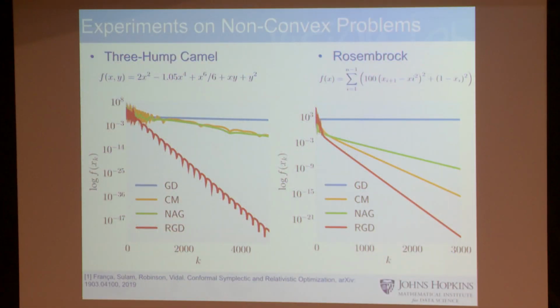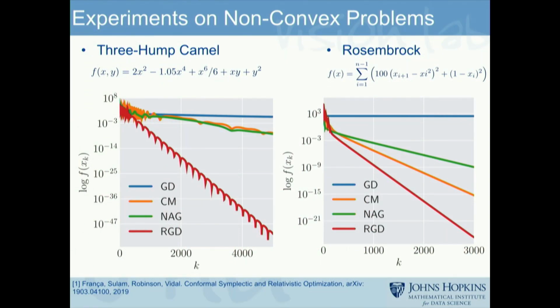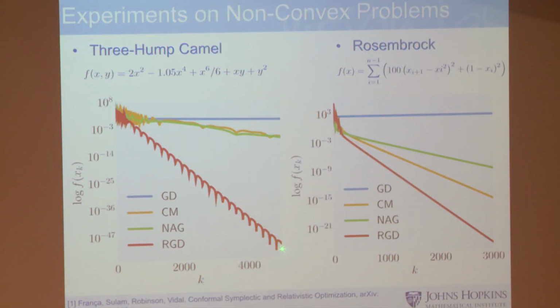The x-axis is the number of iterations, the y-axis is the value of the objective in logarithmic scale. So gradient descent is pretty much stuck. These two are Nesterov accelerated gradient and classical momentum. And this here is this new relativistic method, which is, as you can see, incredibly faster. It also goes up and down, as you can see.